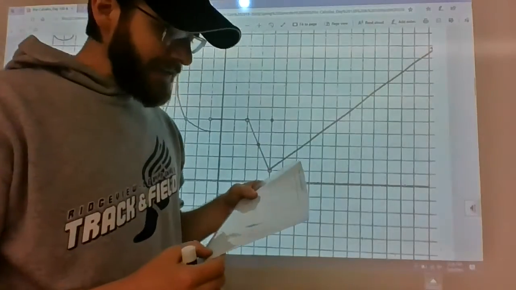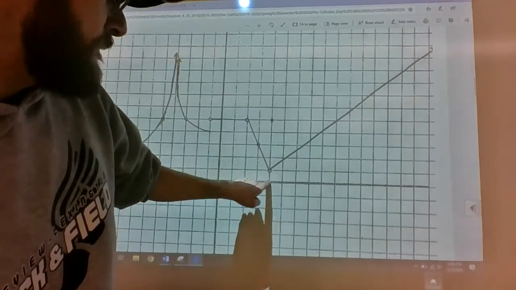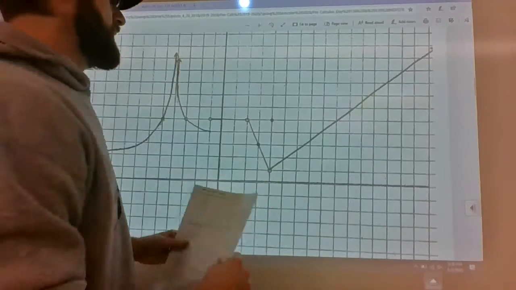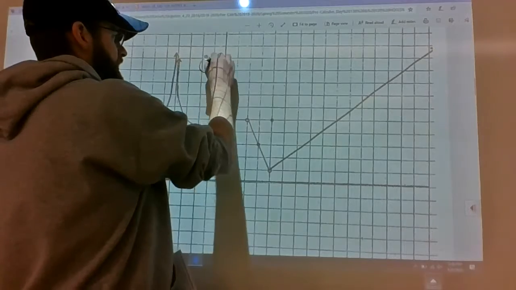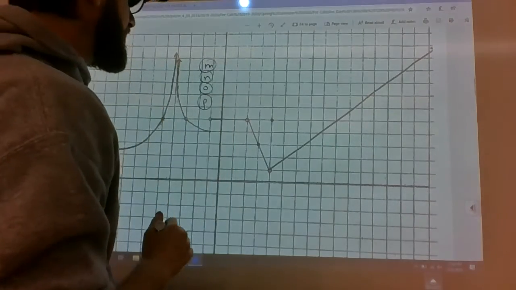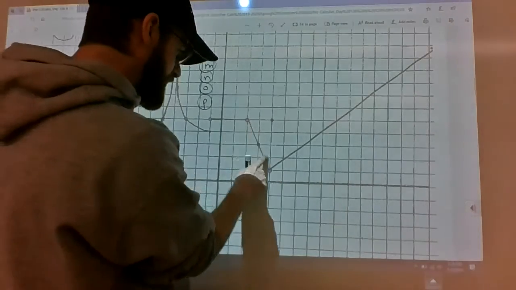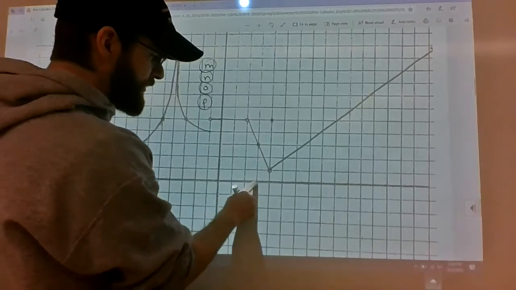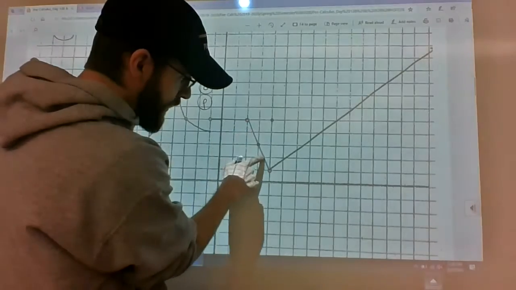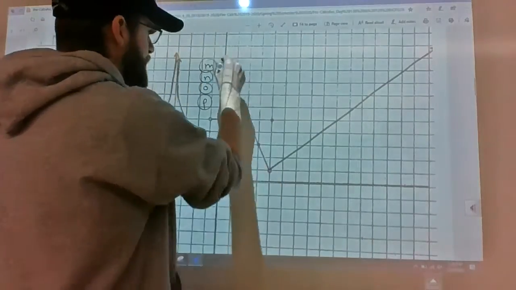All right, M, N, O, P. We're talking about 4 now. So the limit from the left of 4: x approaches a y value of 1 from the left, a y value of 1 from the right.